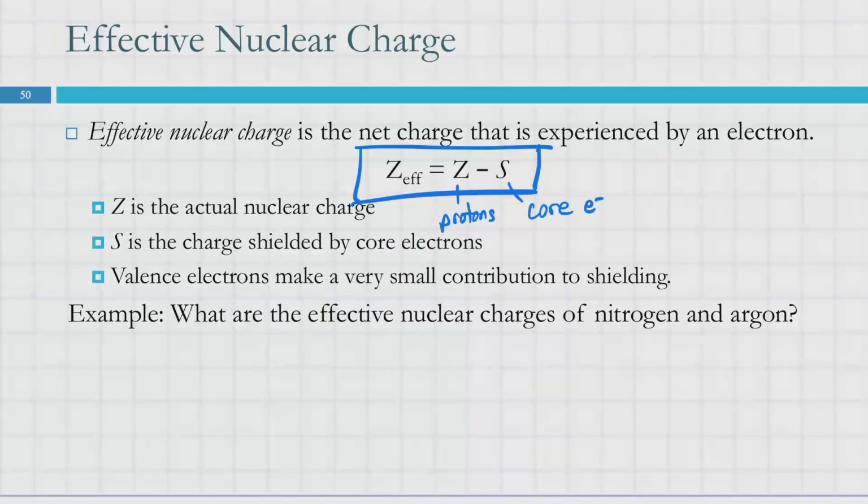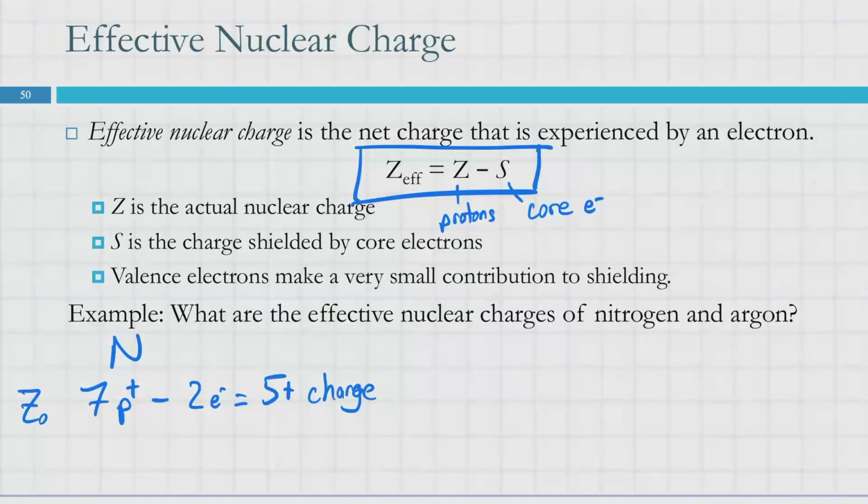So what are the effective nuclear charges of nitrogen and argon? For nitrogen, we have 7 protons. Minus how many core electrons? 2. So the effective nuclear charge is 5 plus.